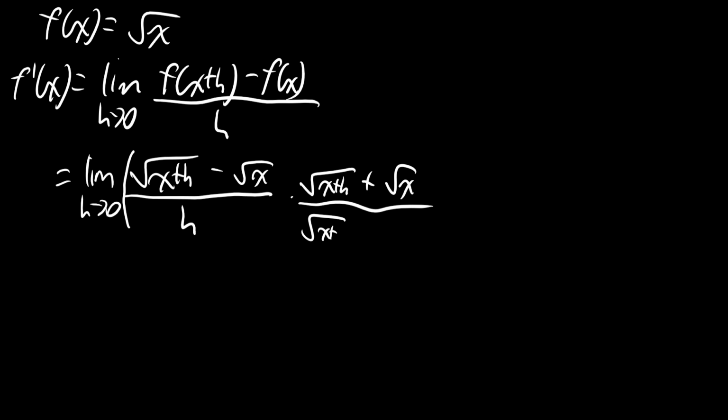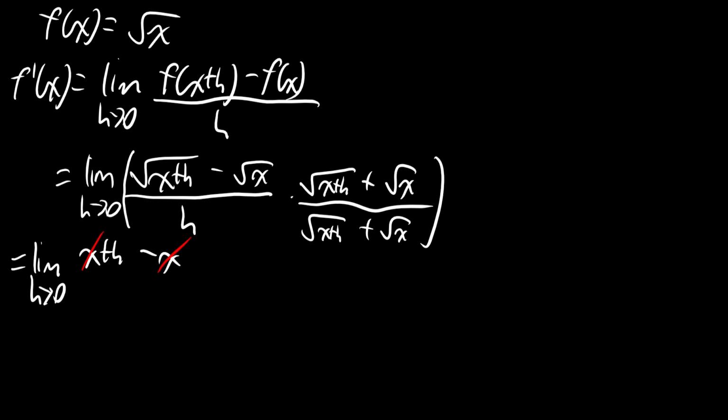You have to multiply the top and bottom by the conjugate, just like that, and we are left with the limit as h approaches 0. The square roots cancel out, so we get x plus h minus x, and notice these terms cancel out, just like that. And then we have to write the denominator, sorry. Root of x plus h plus root x.